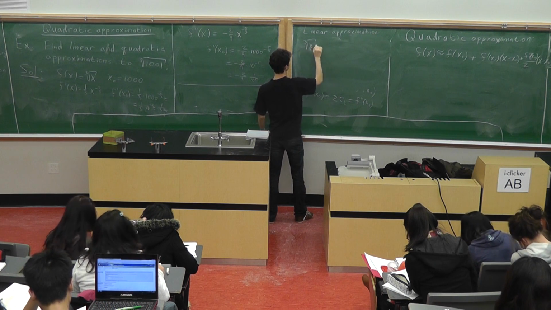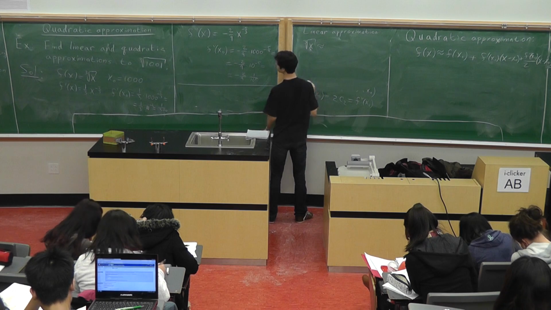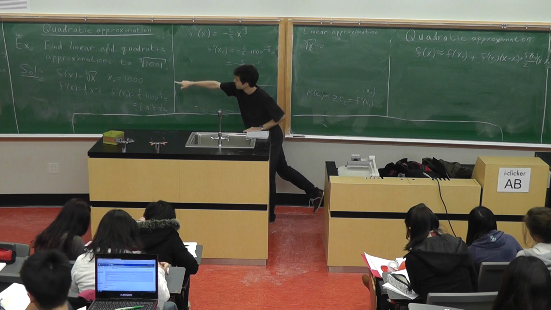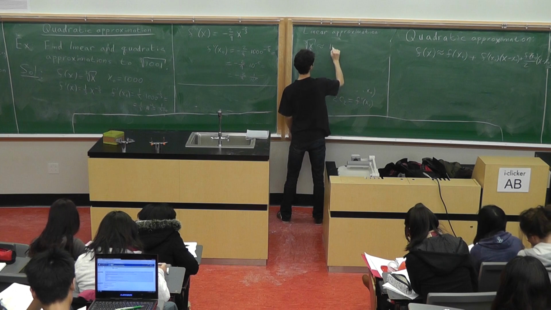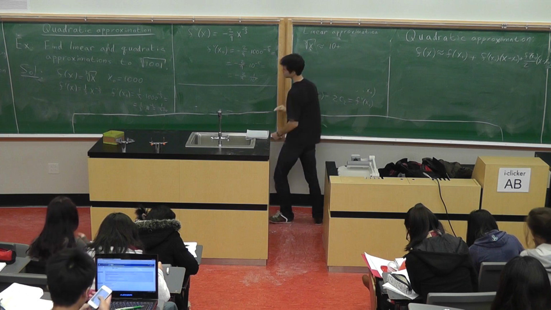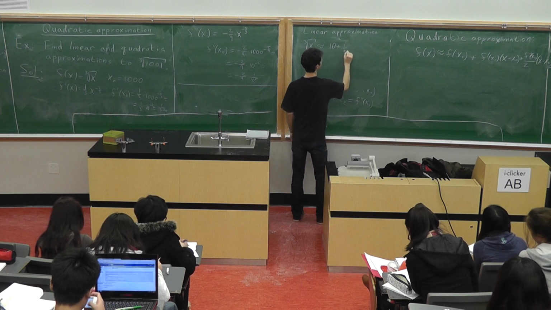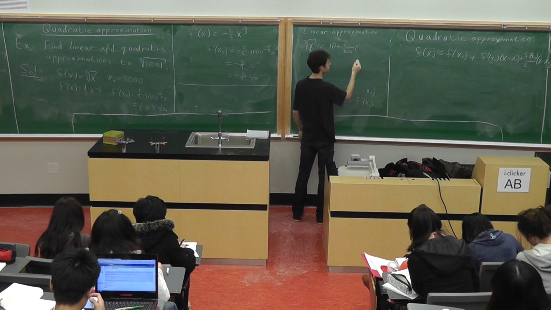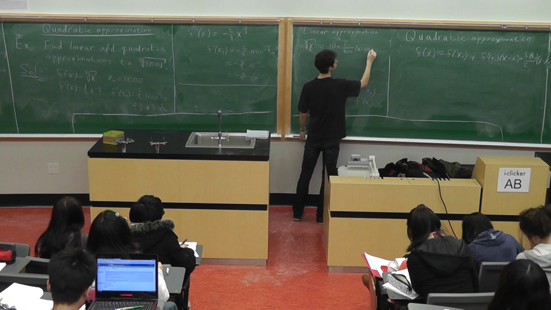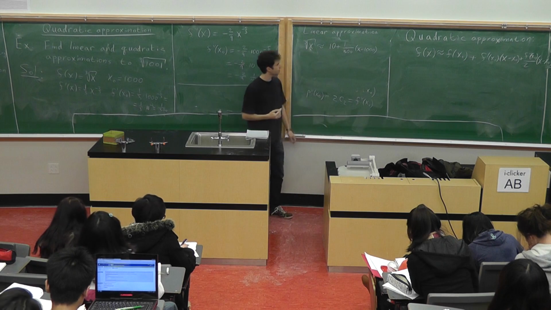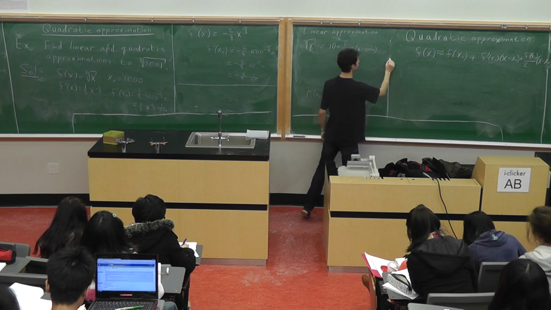Cubic root of x is approximately equal to f of x naught, which is 10, plus the derivative 1/300 times x minus x naught, so x minus 1000, and that's it for the linear approximation.